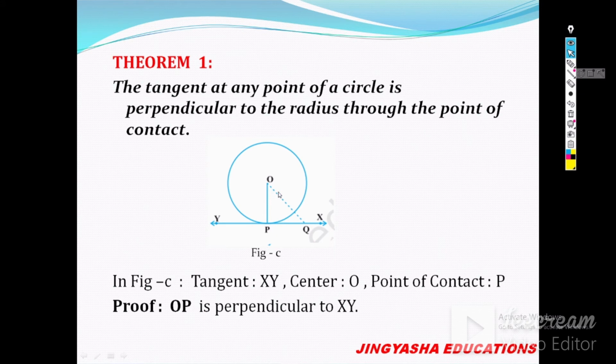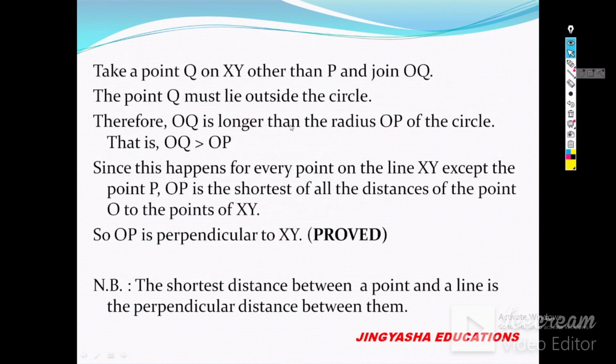If we connect any point outside the circle, then it is obviously going to be larger than the radius. Here I have taken Q, and any point I take on the line will be farther than the radius. So OQ is longer than the radius OP, that is, OQ is greater than OP.